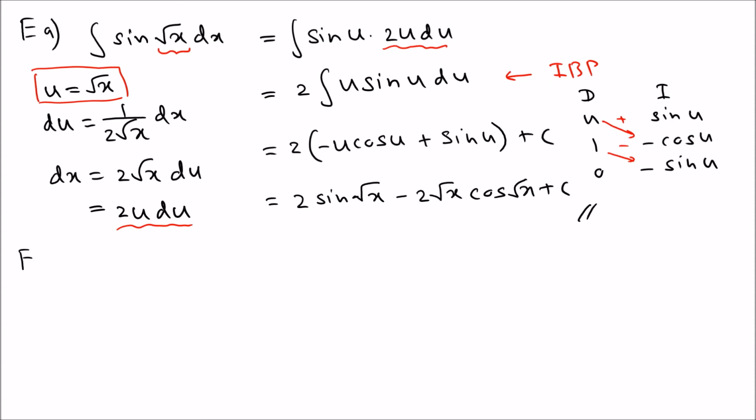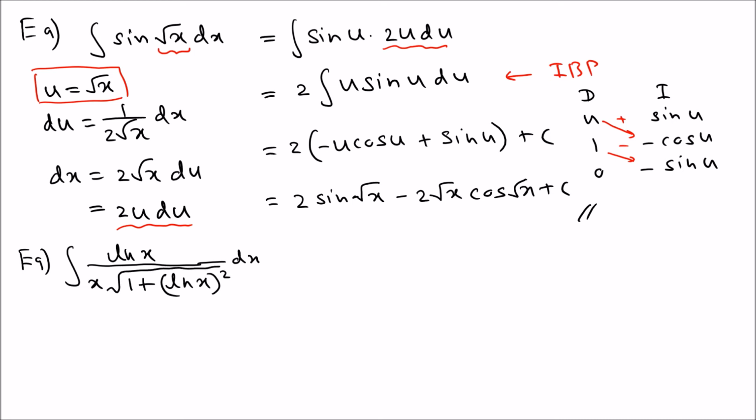So as the final problem of this type, let's do this one. This is ln x over x times the square root of 1 plus ln x squared, dx.